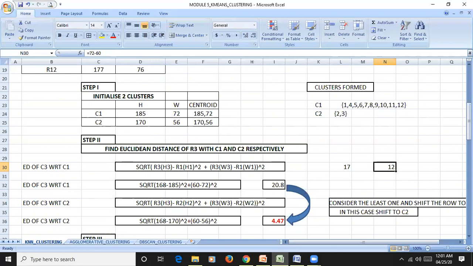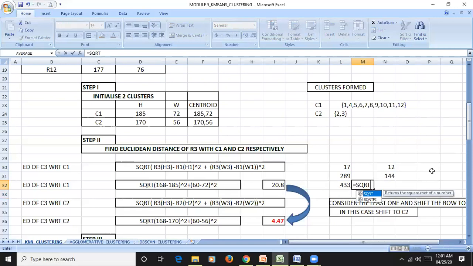Then 12 into 12, whereas here it is 17 into 17, that is 289. Plus 144, that is 433. You can find the square root of the same.